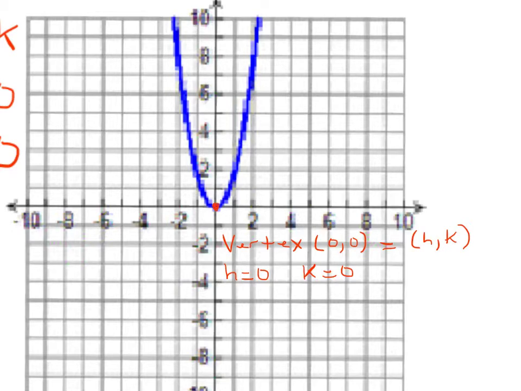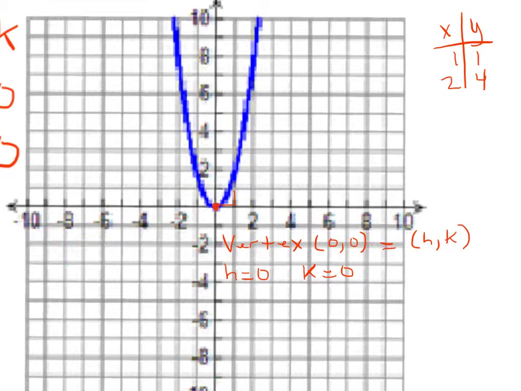Now, also to determine the a value in this graph, I need to start at my vertex, and I'm going to look to see if it is my normal basic count, remember, which is 1, 1, 2, 4. So if I look at this graph and I count from my vertex and I count right 1, but I count up 1, I do not land on my graph. It's close, but I don't really land on my graph.